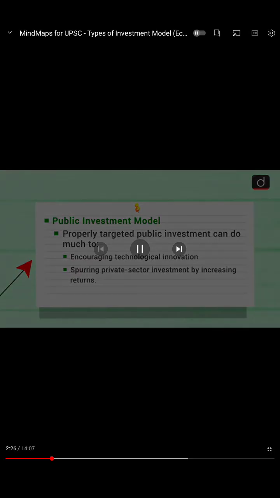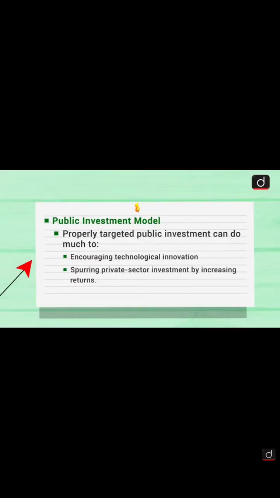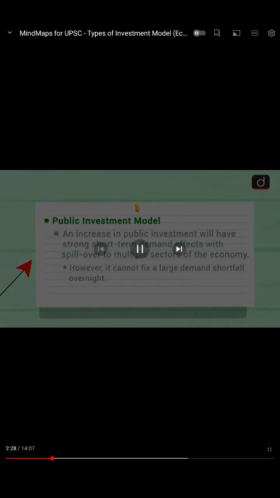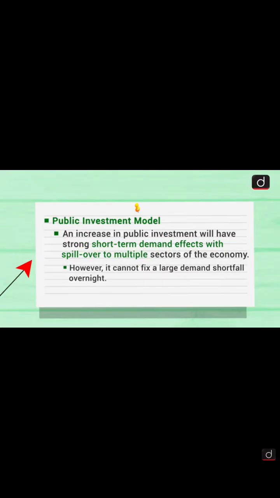And properly targeted public investment can do much, like encouraging technological innovation, also spurring private and public sector investment by increasing returns in it. Now, we know that an increase in public investment will have a strong short-term demand effect with spillover to multiple sectors of the economy. Just hold on.